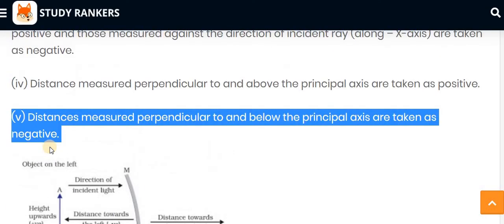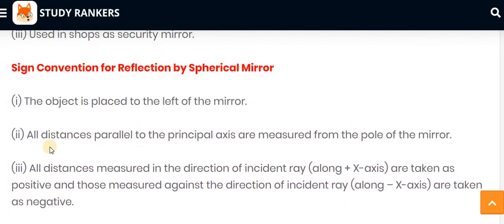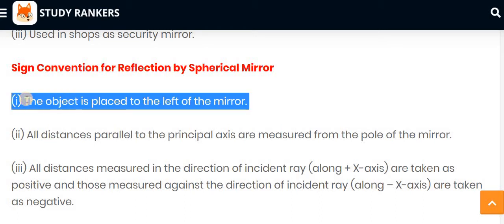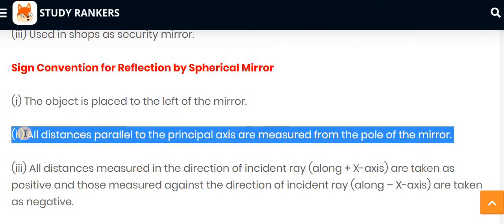Now let's see again, after seeing this image you can easily understand. The first one: the object is placed to the left of the mirror. The second one: all the distances parallel to the principal axis are measured from the pole of the mirror.